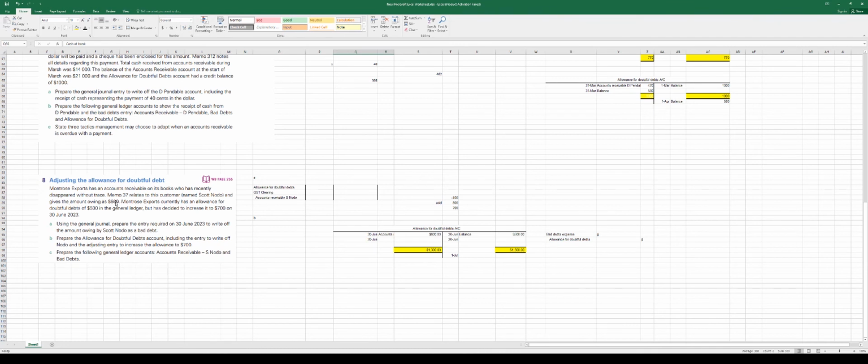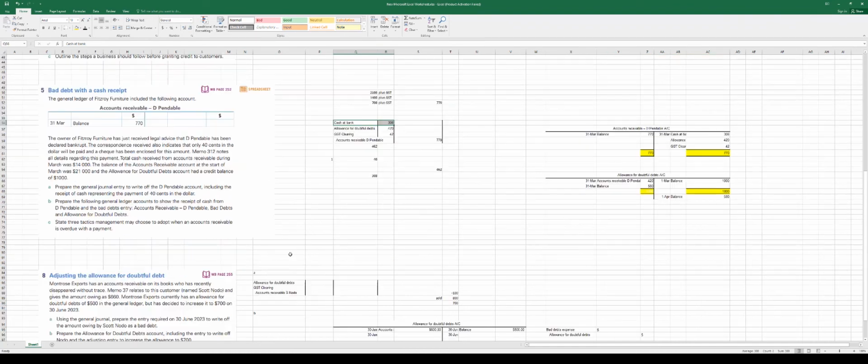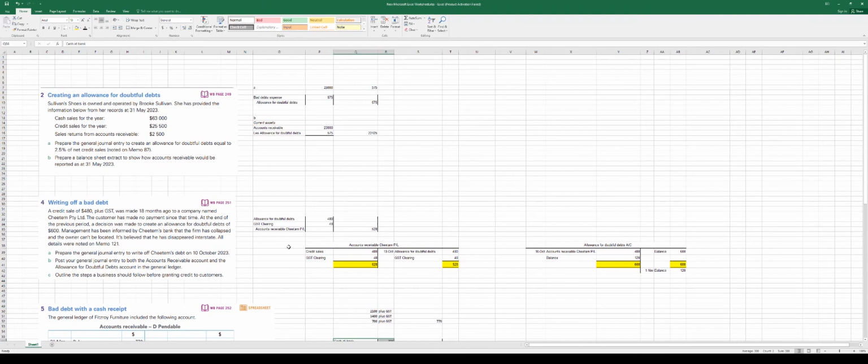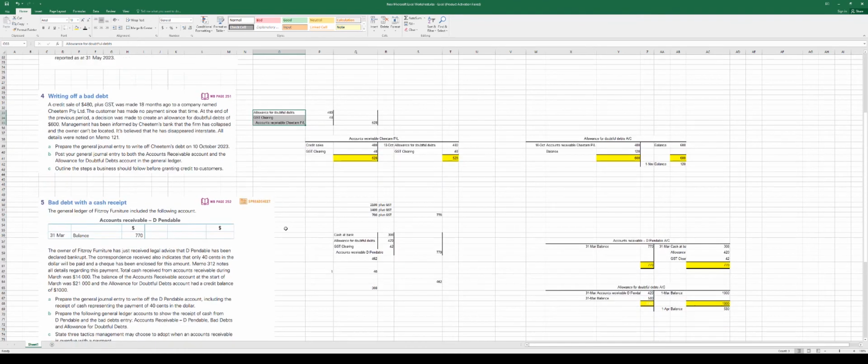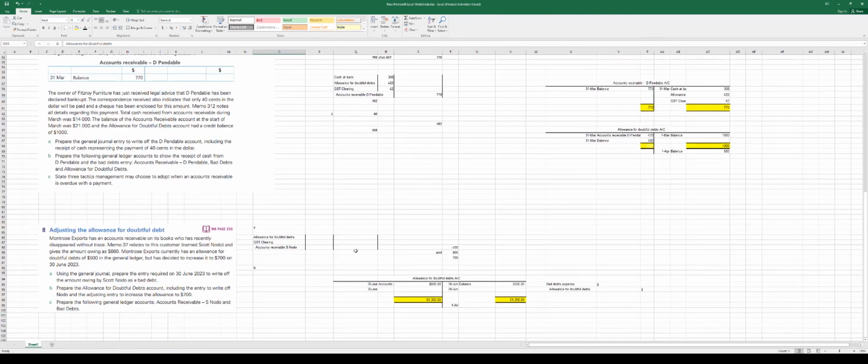So this 660 is 100% bad debt. Now, you should know how to record actual bad debts, which is here. Credit accounts receivable, debit GST clearing, debit allowance for doubtful debts. So we're pretty much doing the same thing here. So 660 divided by 11, we have the GST clearing, and the balance would be allowance for doubtful debts.